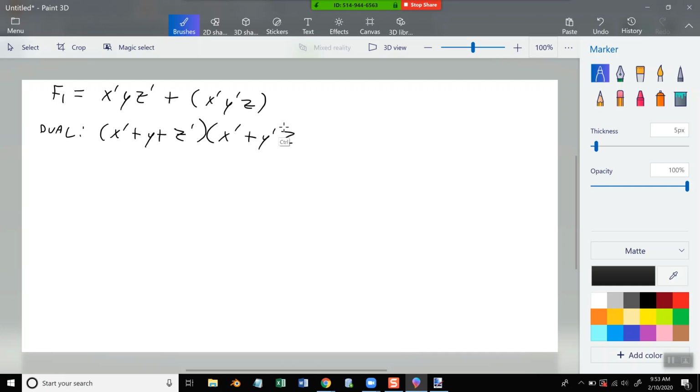Like that. And then when you take the complement of it, it just inverts each one of these. So notice this.